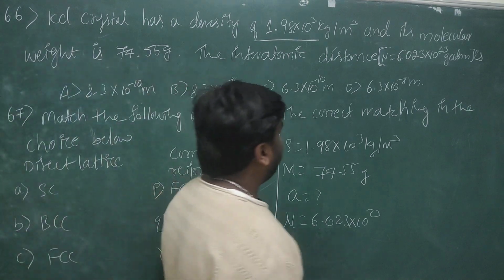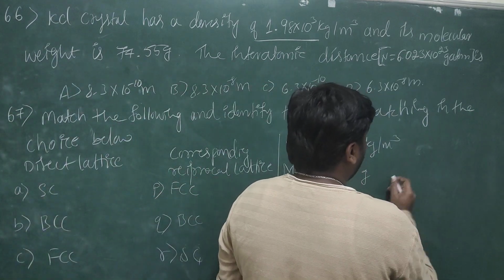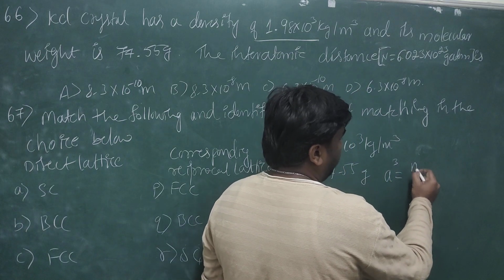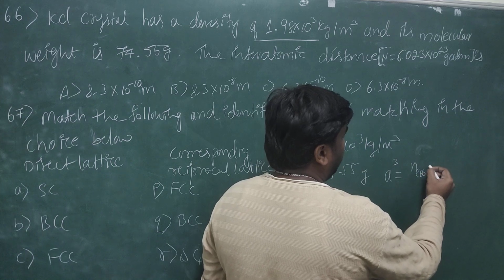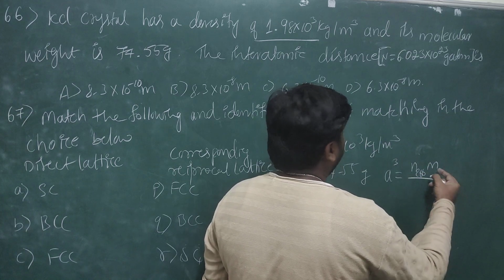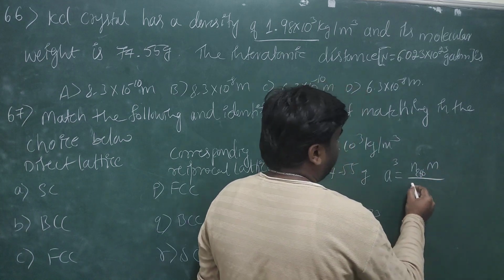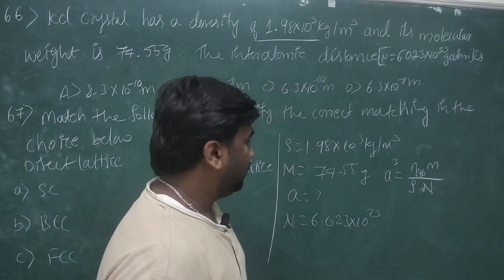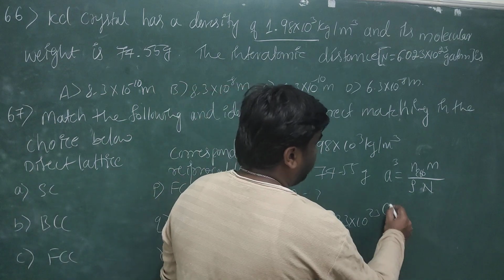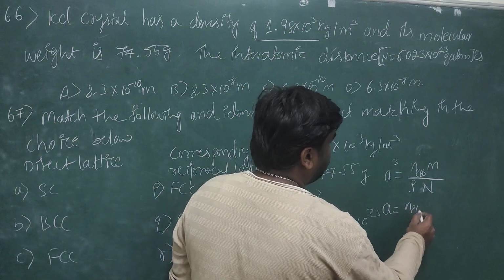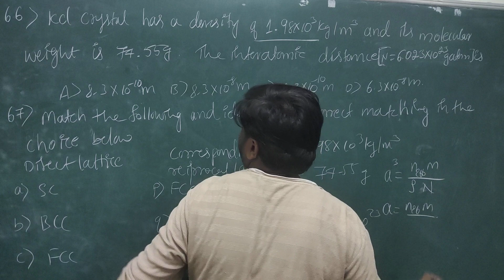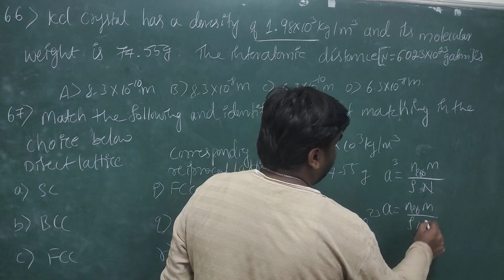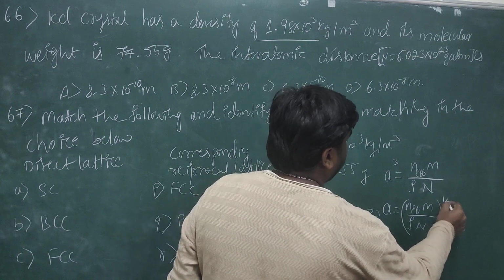So, next, therefore, we know that a cube is equal to n effective times atomic weight divided by density times Avogadro number N. Therefore, a is equal to n effective times atomic weight over rho N, whole power 1 by 3.